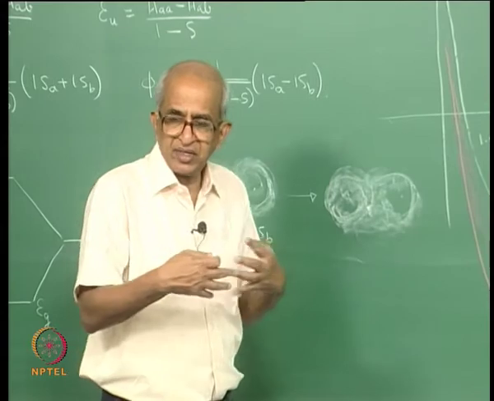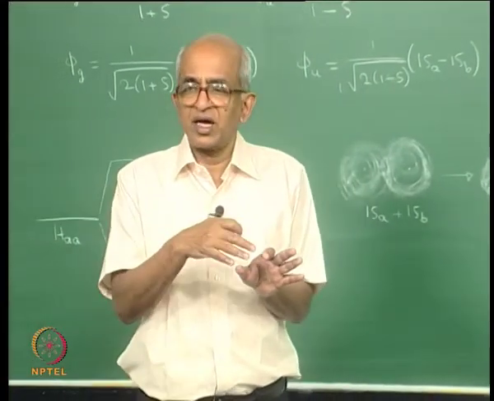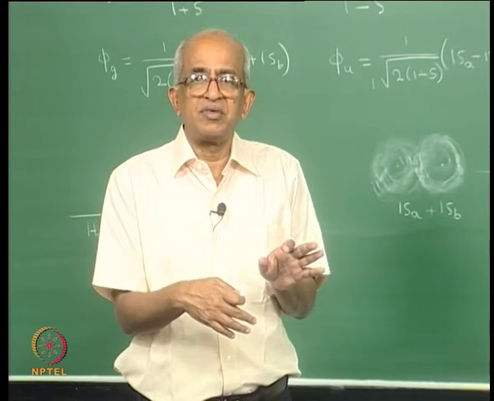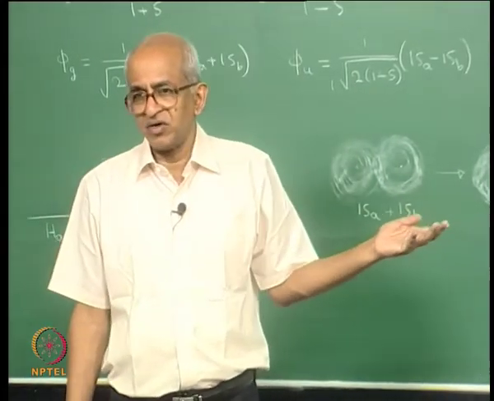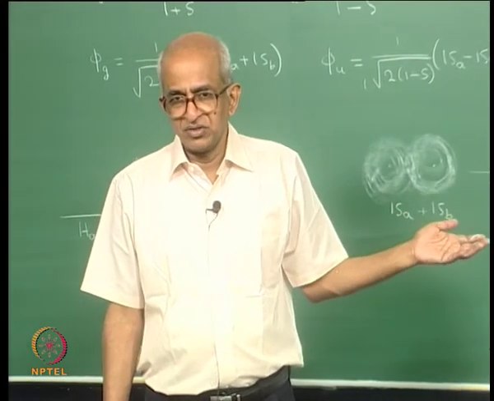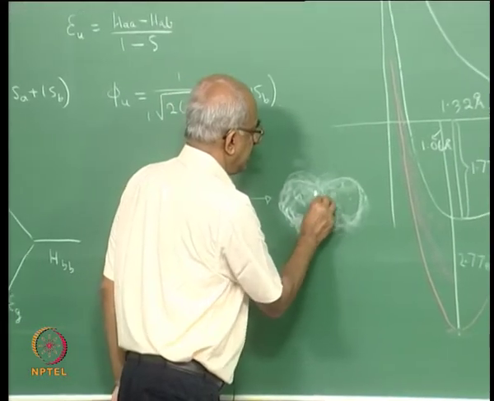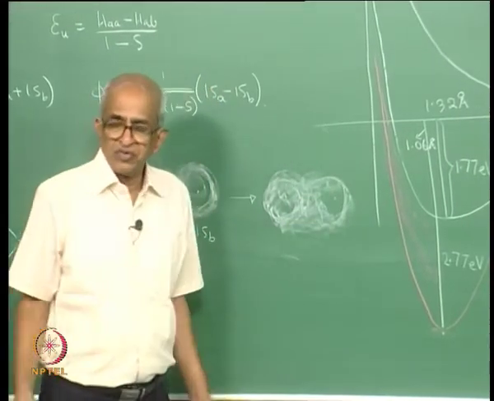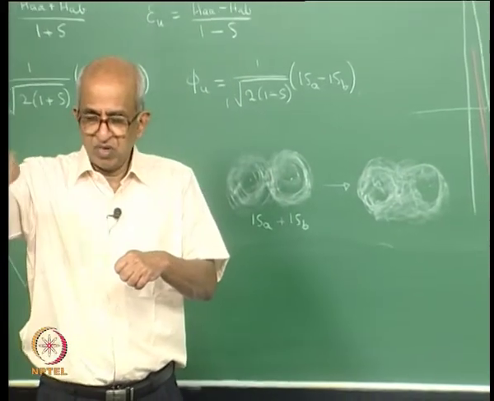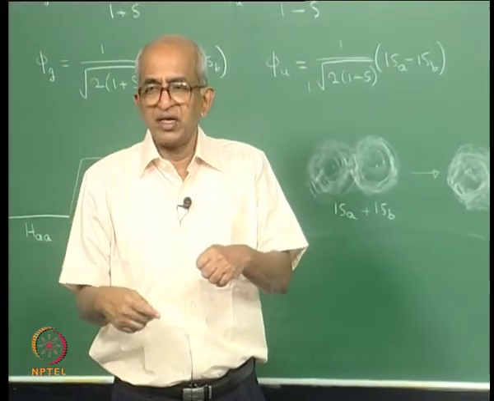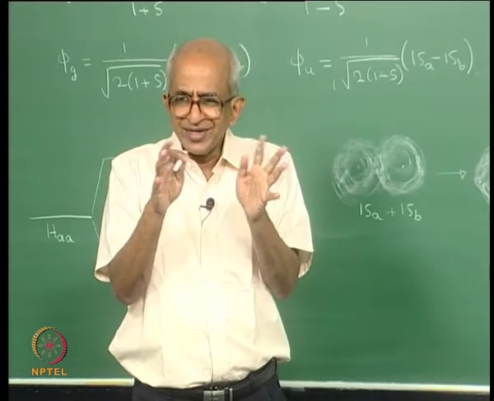So, if you combine the two atomic orbitals in this fashion, the wave function has a large value in the internuclear region, which means that the electron density, which is nothing but the square of the wave function, has a large value in this region. So, if you put an electron into this molecular orbital, which encompasses both the nuclei, most of the time the electron that you put in will be found in the internuclear region.